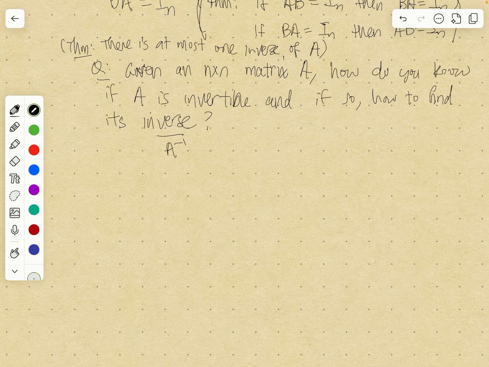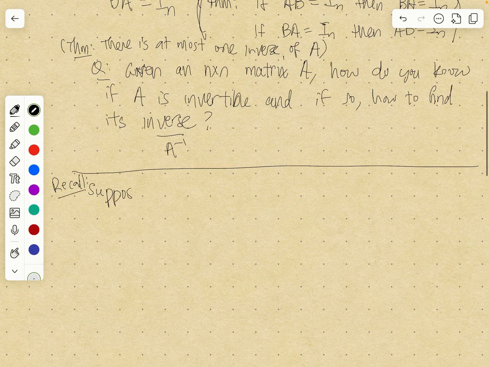Well, the idea behind this problem that we can solve is, let's just recall, as a review, that suppose you have two vectors b1 and b2 in Rn.